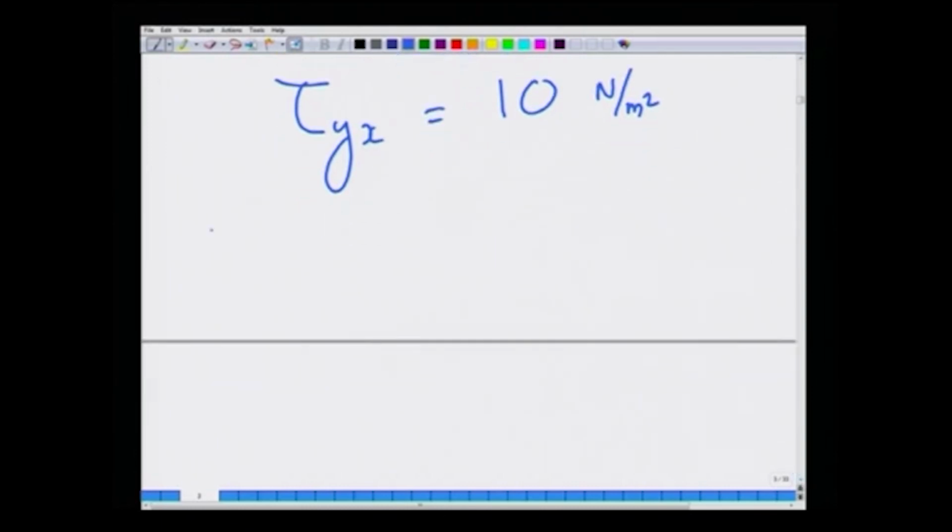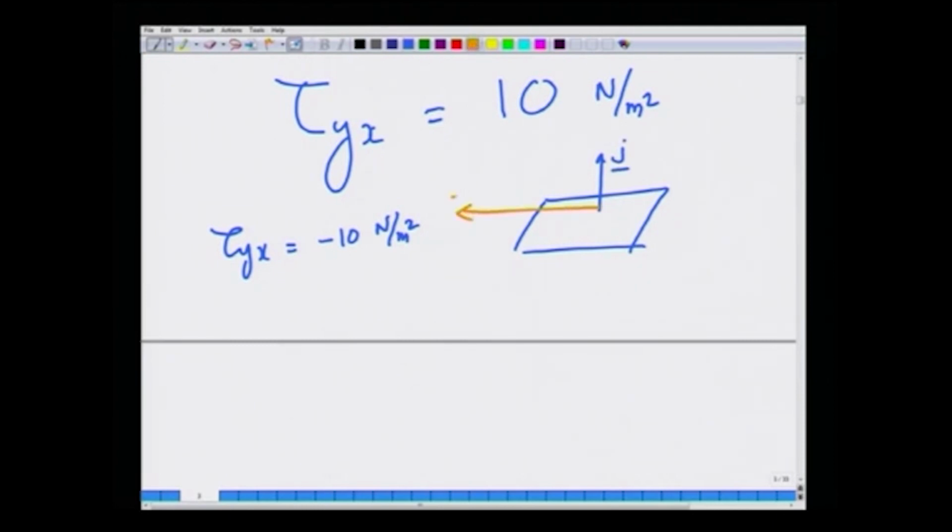Okay. Suppose you have negative stress values. If somebody says the element of a stress tensor is negative, that means the following. If you have a unit normal in the plus j direction, the force is acting in the minus x direction, and the magnitude of the force is 10, or vice versa. If you consider the unit normal in the minus j direction, then the force acts in the plus x direction, while the magnitude remains 10.